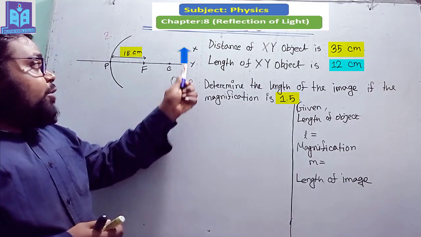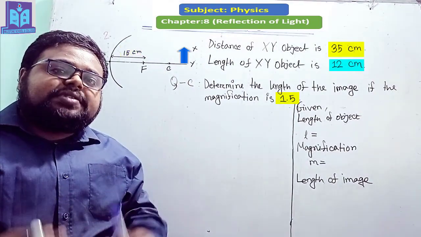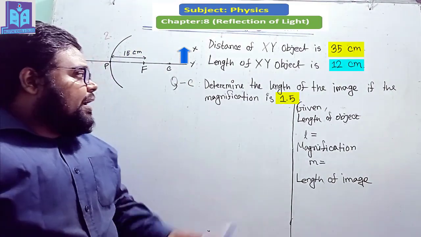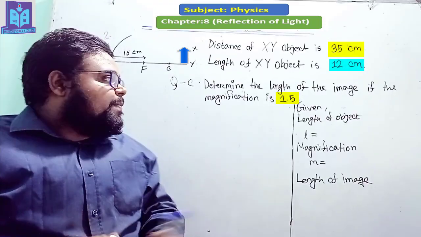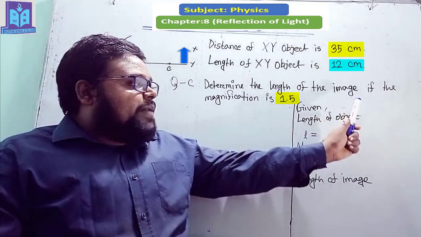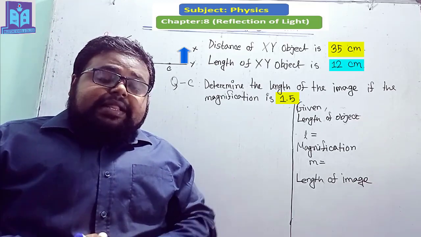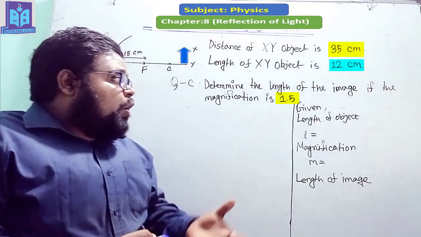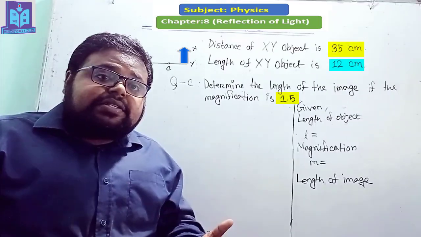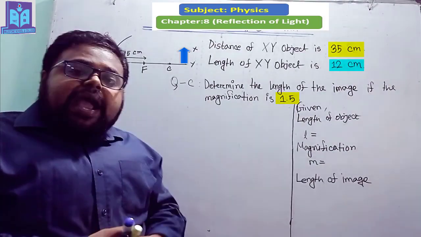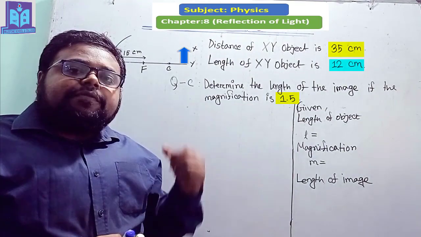The question says: determine the length of the image if the magnification is 1.5. That means we have to find out what the length of the image will be if the magnification is 1.5.